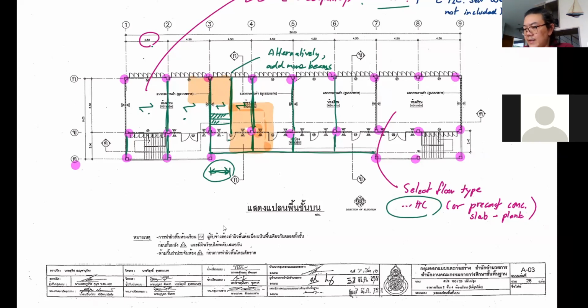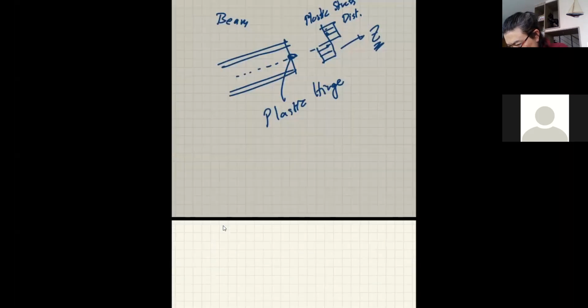So that means, yes, you can say it's continuous or not, because if you look at the frame in grid number 1 and 2, I believe this is the treatment that you are going to do. So you can draw it like this.